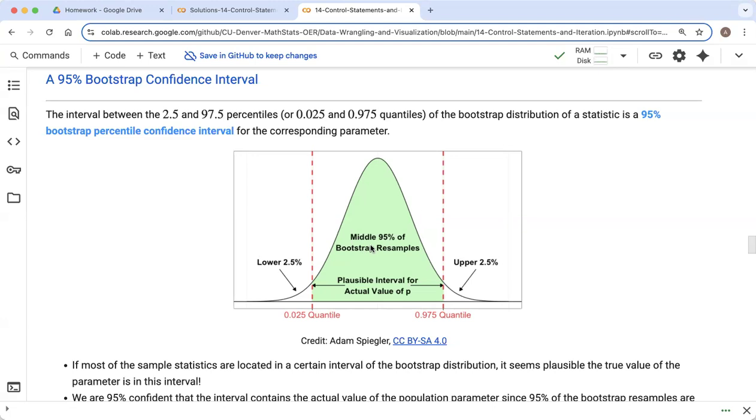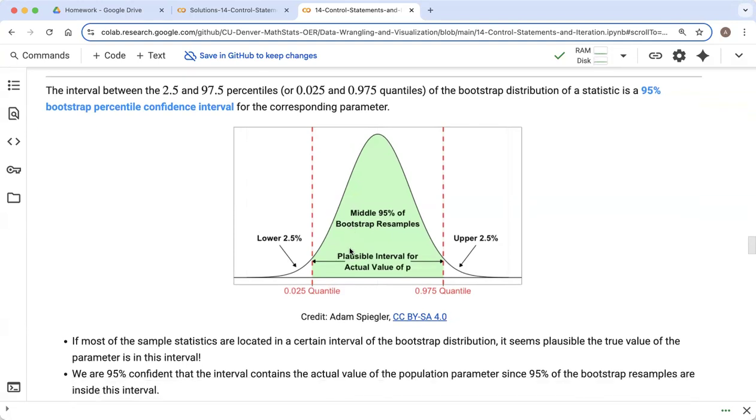What we want to do is construct an interval that contains 95% of our bootstrap resamples. So what we're going to assume is that the population mean is like one of these values that we get in our bootstrap distribution. So we're going to construct an interval that contains 95% of the bootstrap resamples, and that's going to have about a 95% chance of containing the actual population mean.